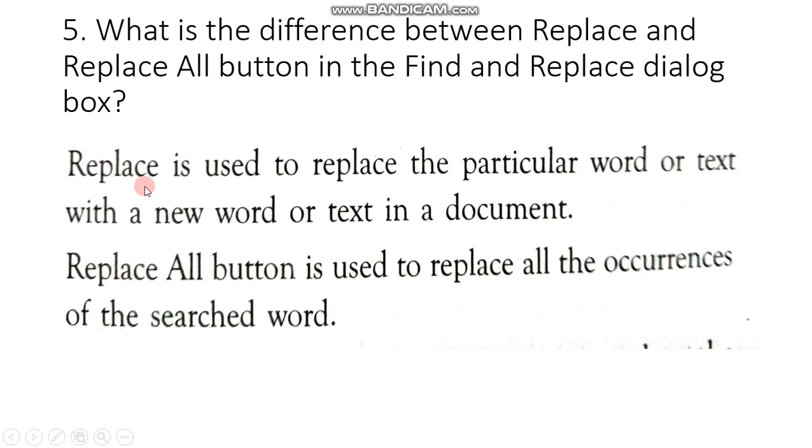Answer. Replace is used to replace the particular word or text with a new word or text in a document. Replace all button is used to replace all the occurrences of the searched word.